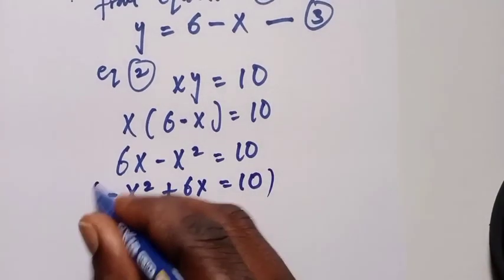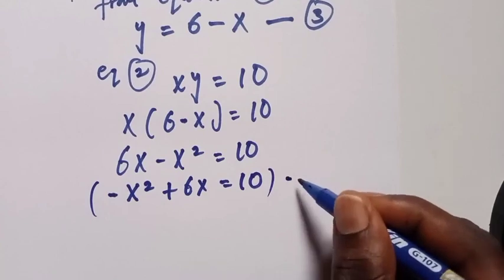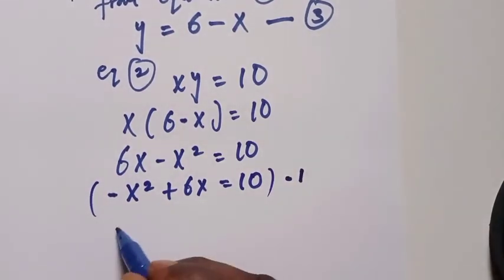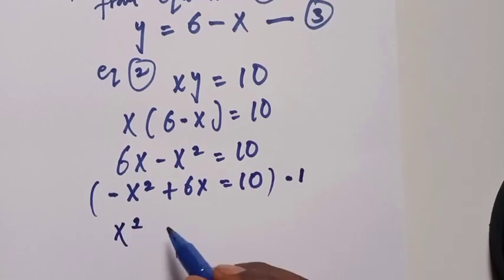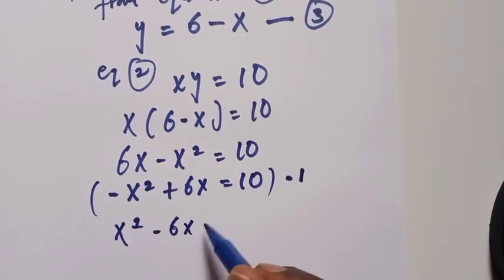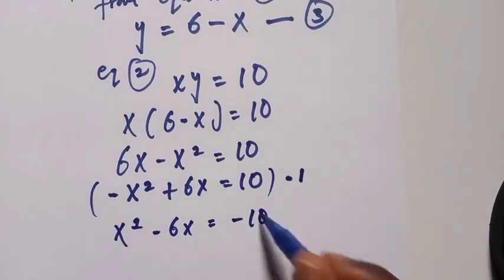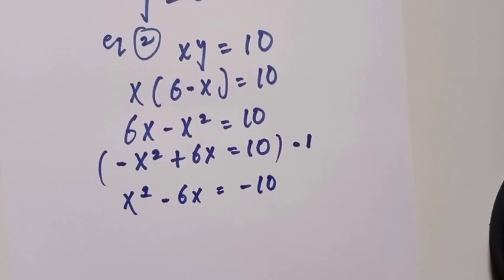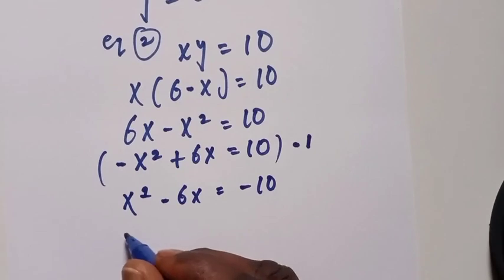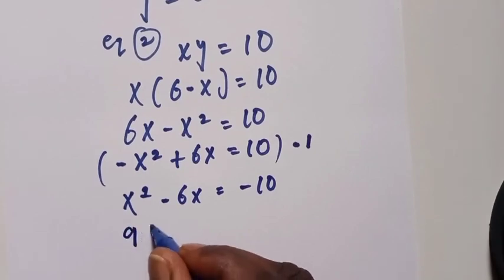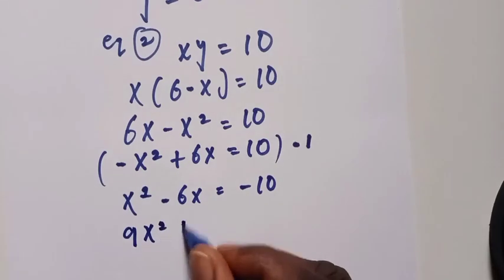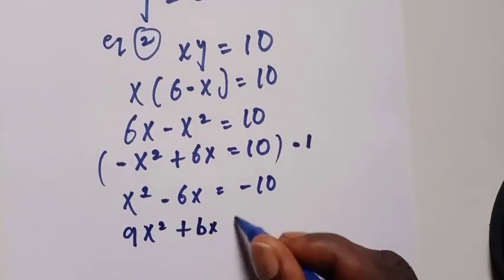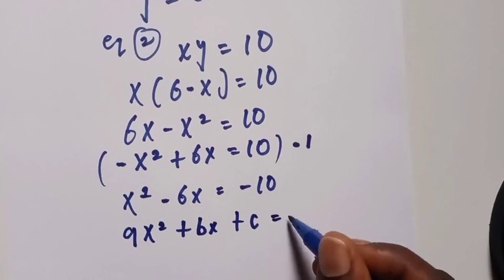If we do that, we have x squared minus 6x equals minus 10. Now we are going to compare this equation with this formula, ax squared plus bx plus c equals 0.